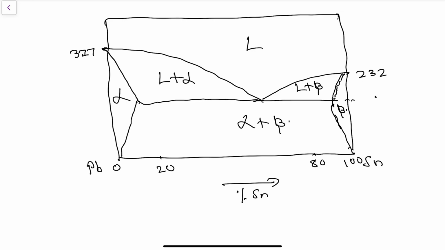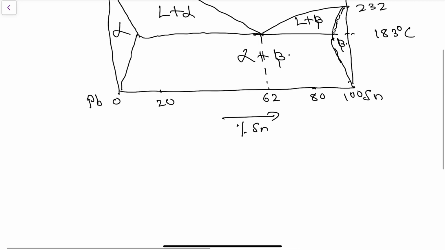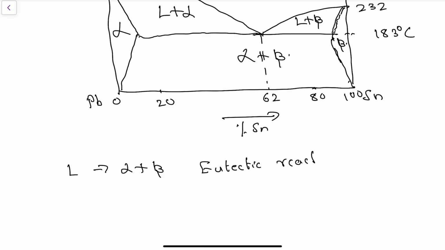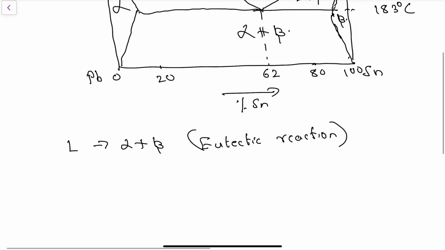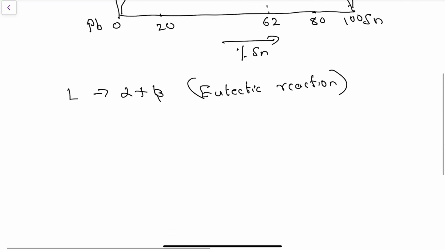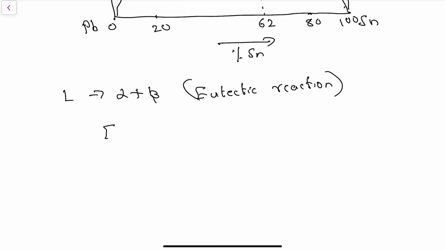Here this temperature is 183 degrees Celsius and this composition corresponds to 62% tin and the remaining 38% lead. Now we have seen that for the liquid at the eutectic point, at this temperature and composition, you will get a eutectic reaction. If the liquid undergoes a eutectic reaction, you will get a eutectic alloy.